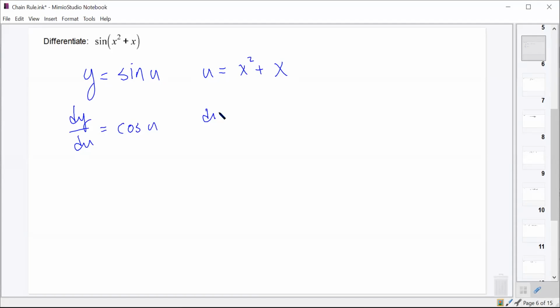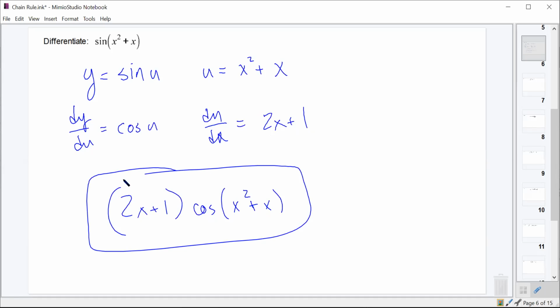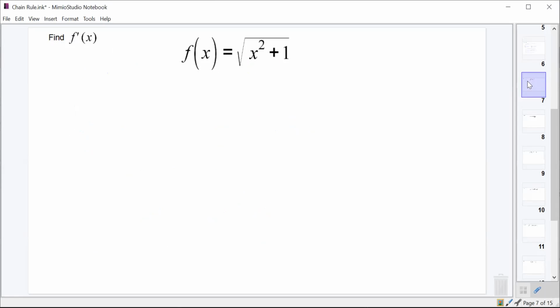And then what is du dx? 2x plus 1. So all this is 2x plus 1 times the cosine of u, or the cosine of x squared plus x. Good or no? Good. Great. All right, let's do another one.